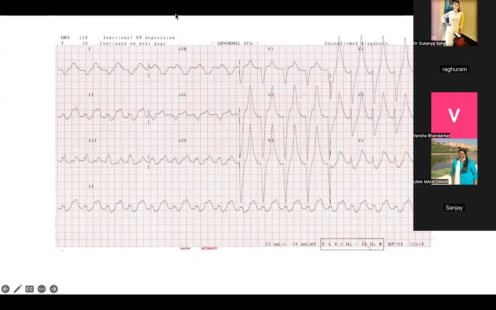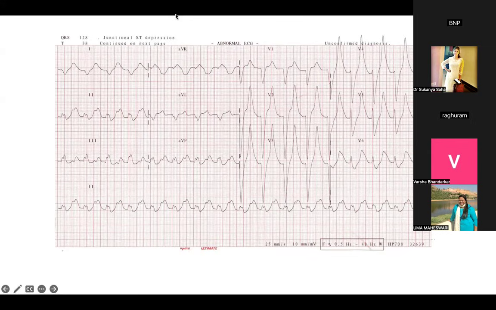Or AML greater than count of 1 lakh. Then you have Burkitt's leukemia. So Burkitt's lymphoma, there is a chance for TLS. And if you have these other aggressive NHLs, that is basically lymphoblastic lymphoma, advanced lymphoblastic lymphoma and Burkitt's lymphoma, there's high chance for TLS, ALL and AML with a count of greater than 1 lakh.